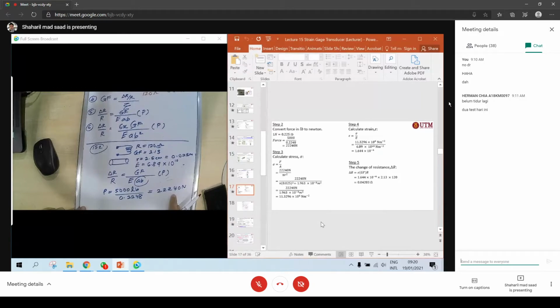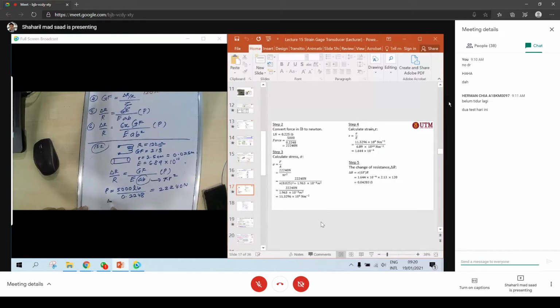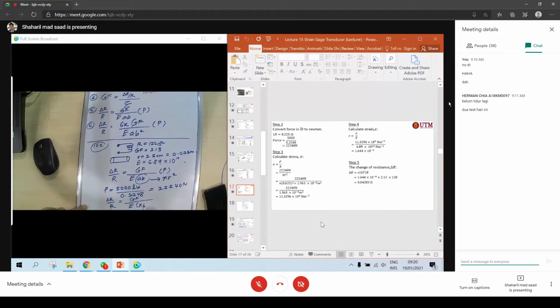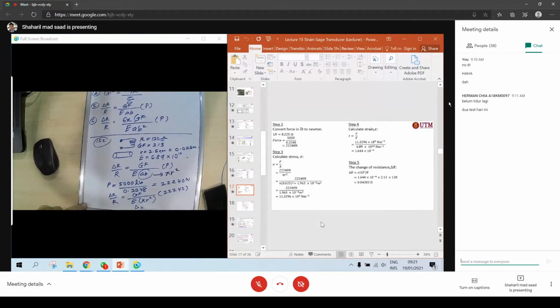Okay, this one is done. So AB you need to replace with pi r squared. Now you have the formula delta R over R equal to GF over E pi r squared times 22240 Newton. Then you can find delta R here.